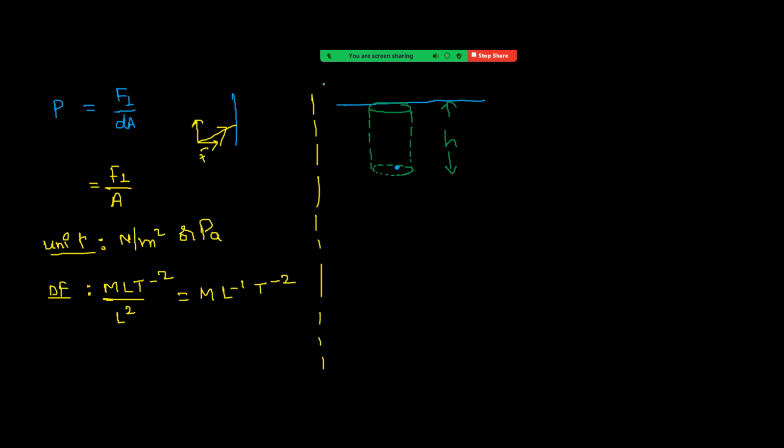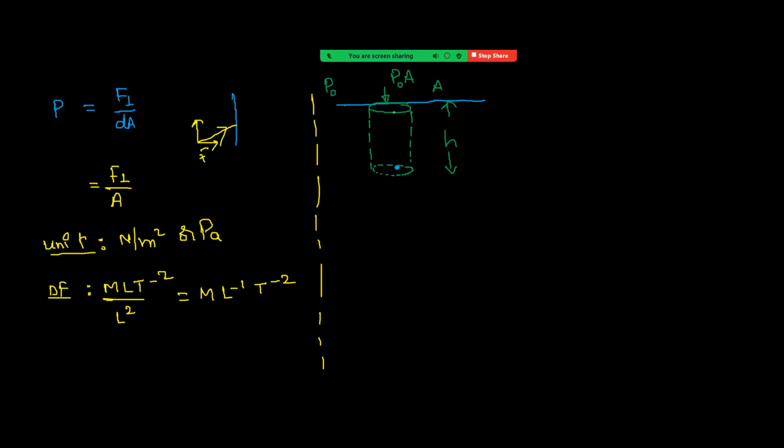Let us see now. Suppose the pressure of the atmosphere is P naught, and this area is A. Then the force acting on this face will be P naught into A. And the force acting on this base is equal to the weight of the liquid plus this force.